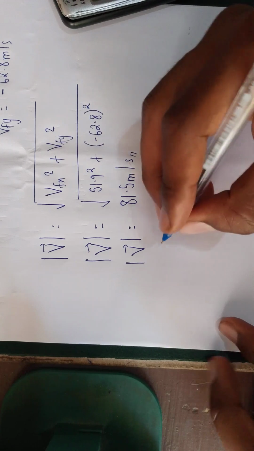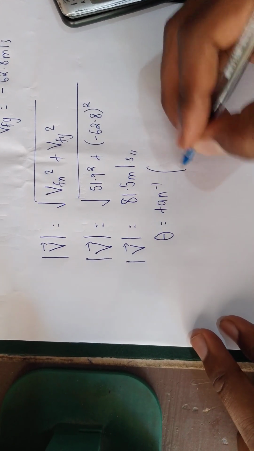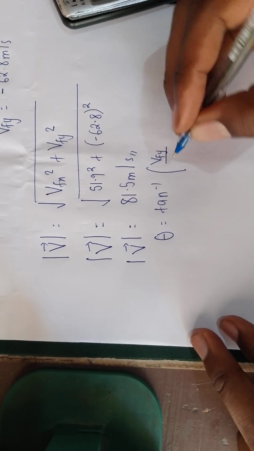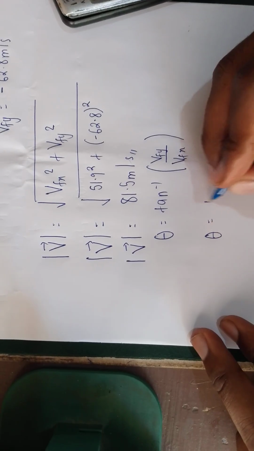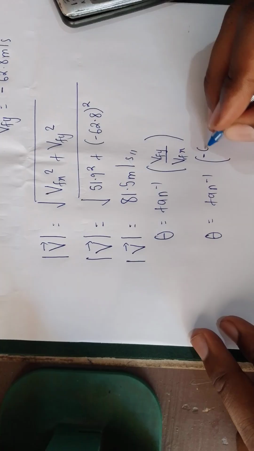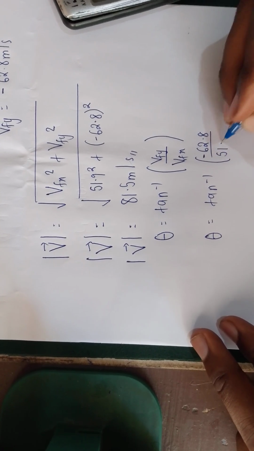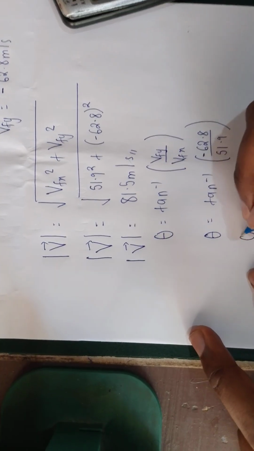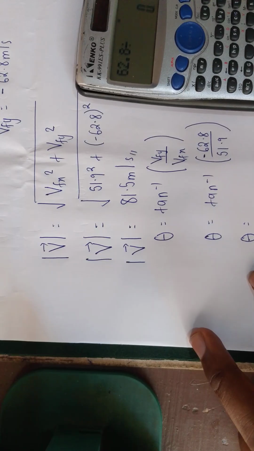And then from there, the direction will be given by the tan inverse of the final velocity in the y divided by the final velocity in the x. So theta will be given by tan inverse of negative 62.8 over 51.9.